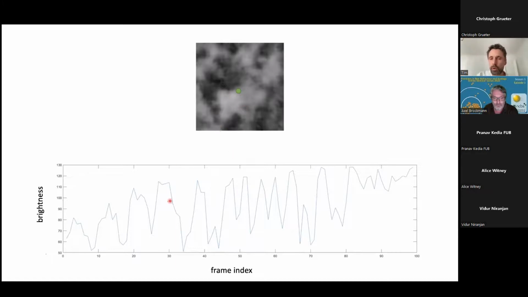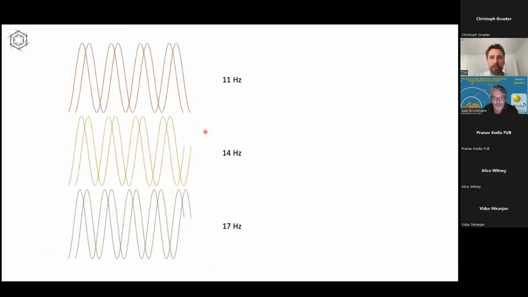And so our thought was, okay, let's just detect these periodic developments of the brightness of this pixel over time. You usually can do this with something that's called Fourier transform or wavelet transform.